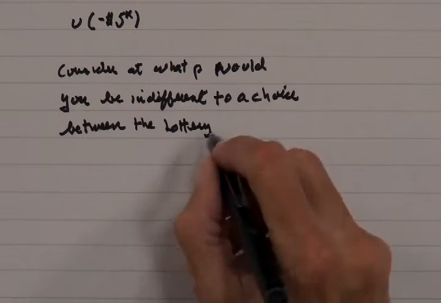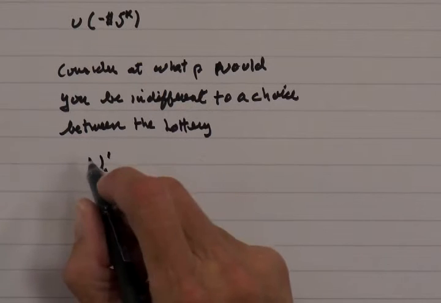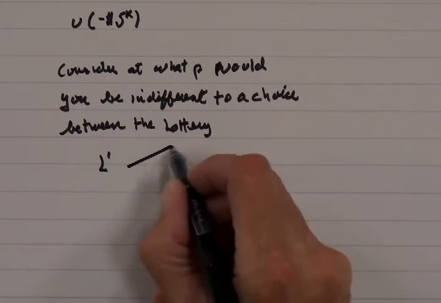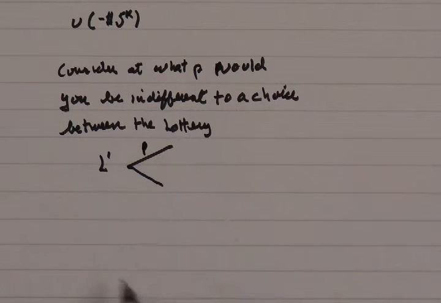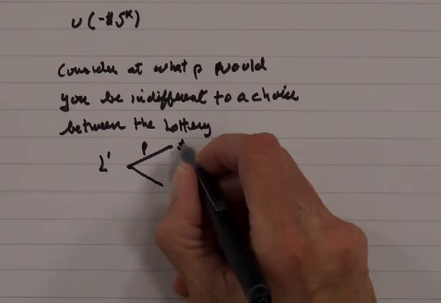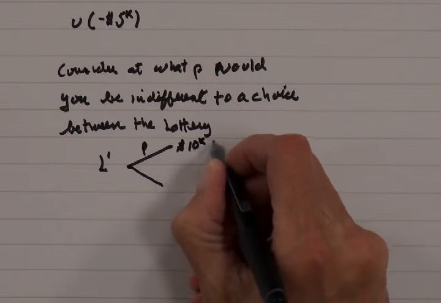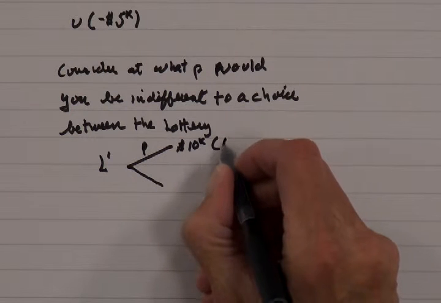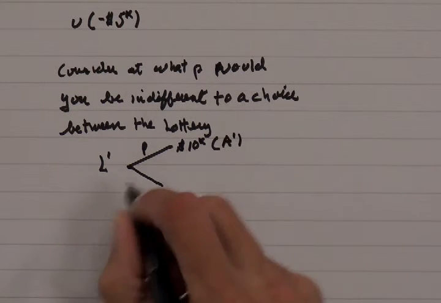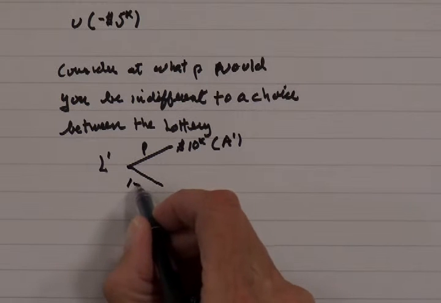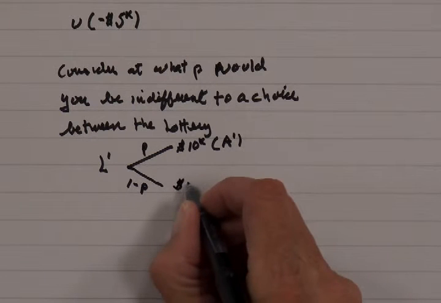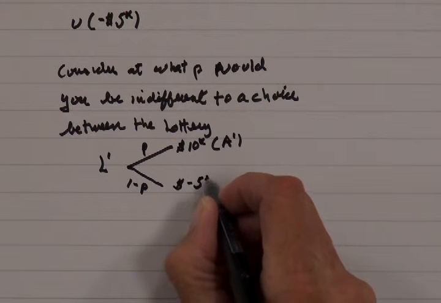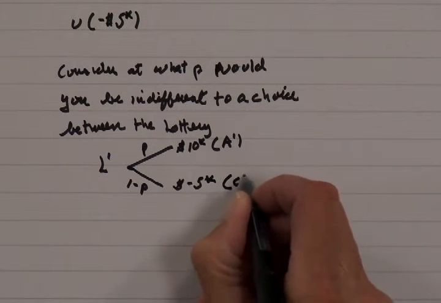let's call this lottery L prime, because we called the last guy L. And this lottery has the following. With P, we get $10,000. So this is our A prime. With 1 minus P, we get minus $5,000. This is C prime.